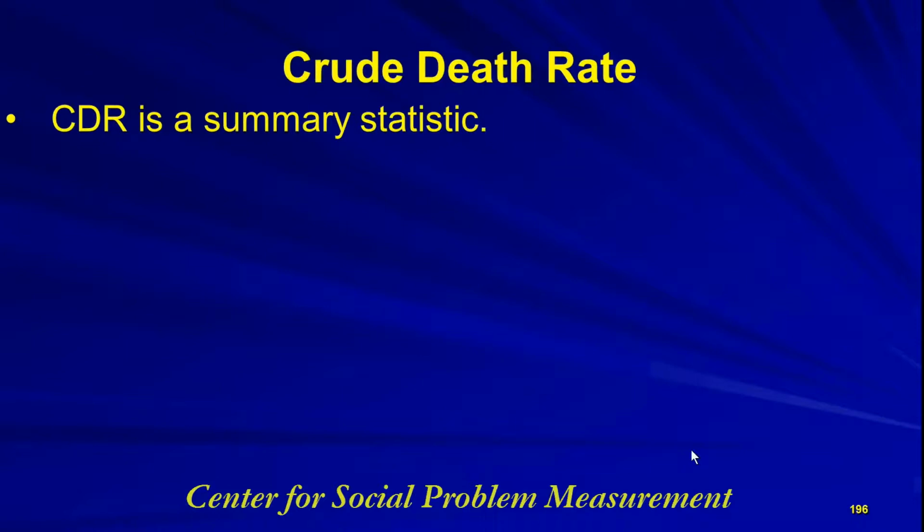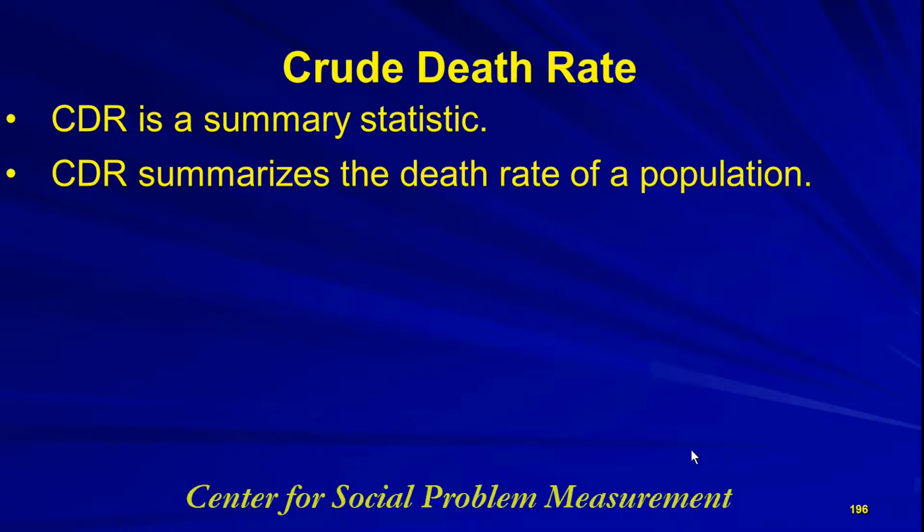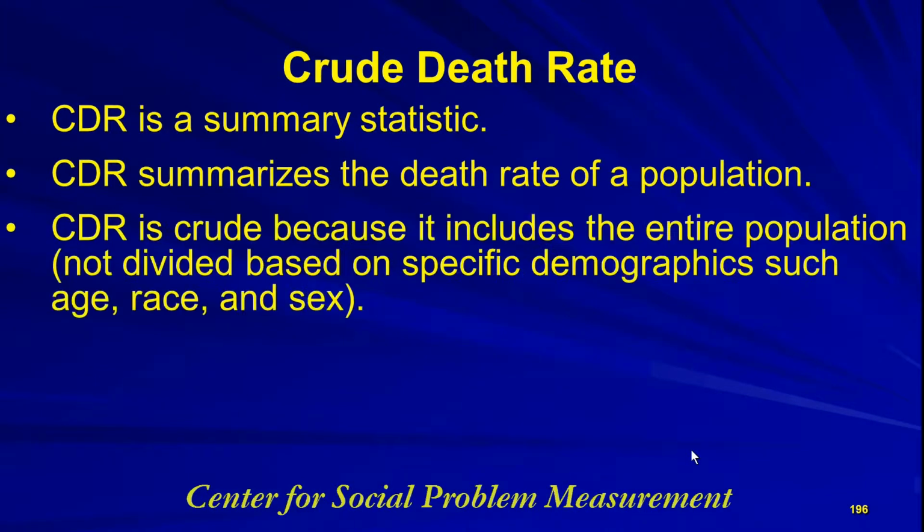Okay, let's talk about it. It's a summary statistic. It looks at the death rate of a population. It's crude because it includes the entire population. We don't fractionate it in any way. You know the definition of a rate. What's considered in the numerator is taken from the denominator.